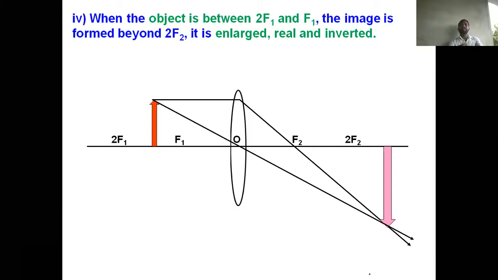So a highly enlarged image we are getting. It is a real image we are able to watch, or we can obtain the image on a screen. And inverted means it is opposite to the object. So a real, inverted and enlarged image we are getting when you place the object between f1 and 2f1. Clear? Now go for the fifth one.